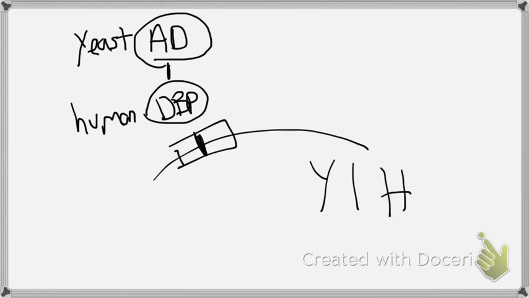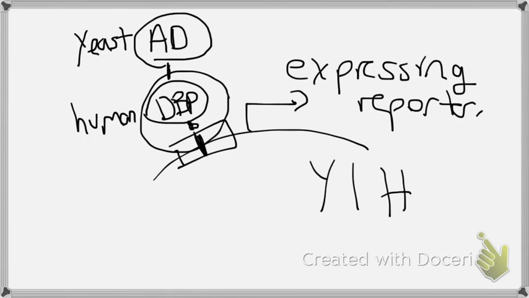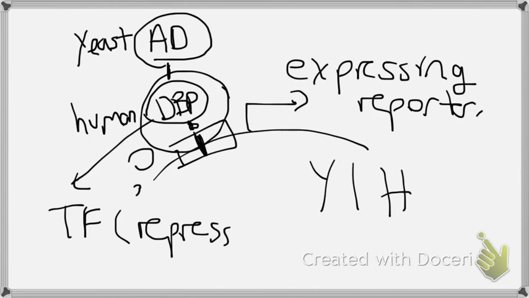So if this protein then binds to the promoter, it's going to start expressing this gene. And then you can see which DNA binding domain is binding to my sequence, and then you can go back to your library and find out which of these transcription factors, in this case a repressor, bind to your regulatory region, right?